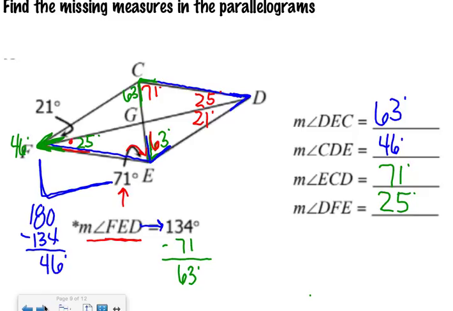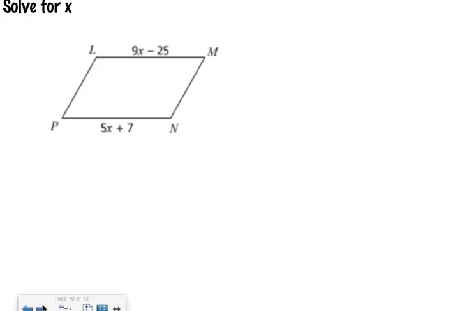Okay, so that was essentially with angles. Now we're going to try to move on to sides. So let's check this out. It says solve for x. Well, kids, what do we know about opposite sides of a parallelogram? I hope you're thinking that they are equal. So an equation I can write is PN is equal to LM. So 5x plus 7 is equal to 9x minus 25.